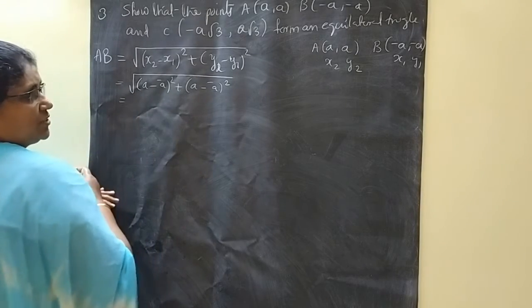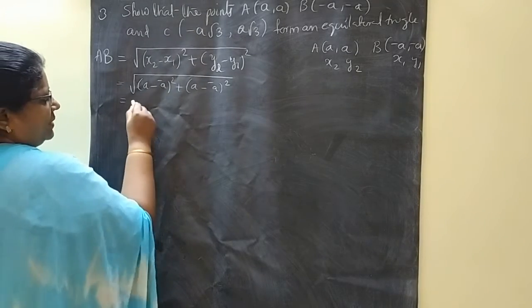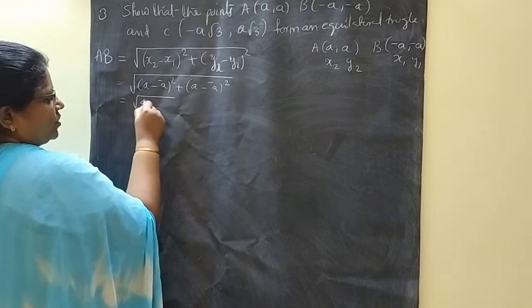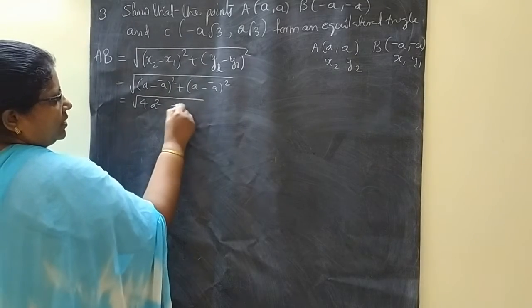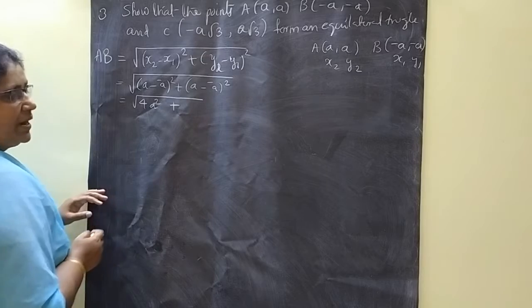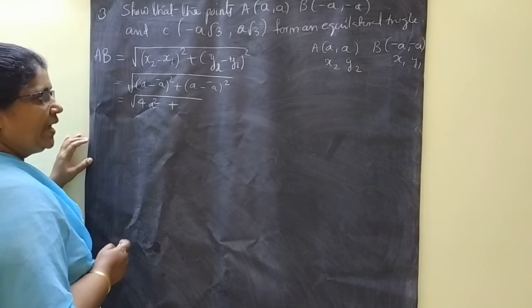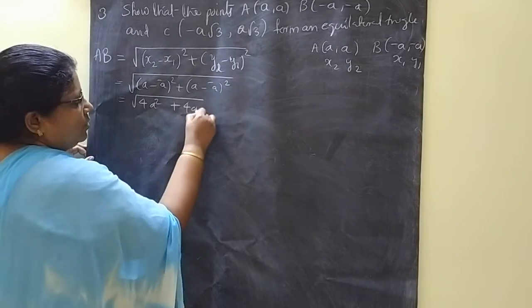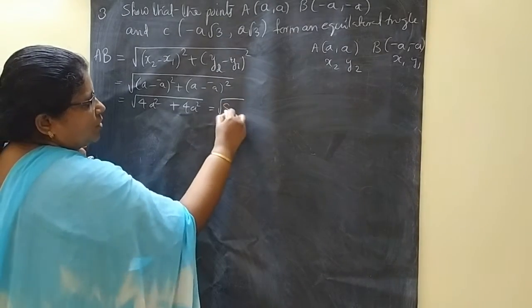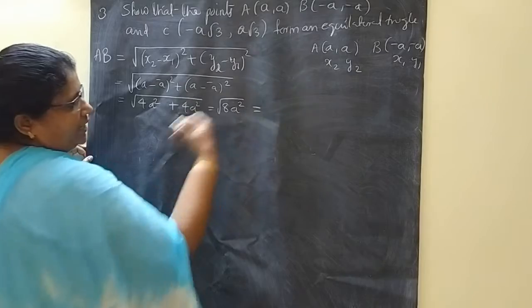So we are substituting: x2 is A minus A whole square plus minus A minus A whole square. Minus A minus A is minus 2A, whole square is 4A square, plus again 4A square, it is root of 8A square.